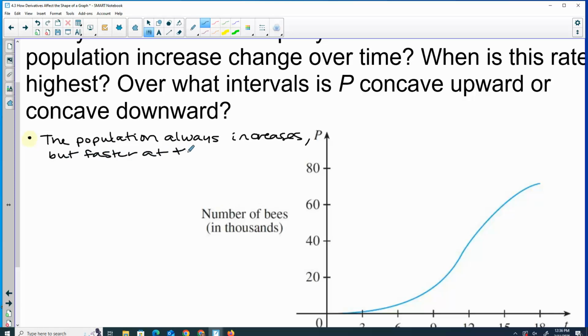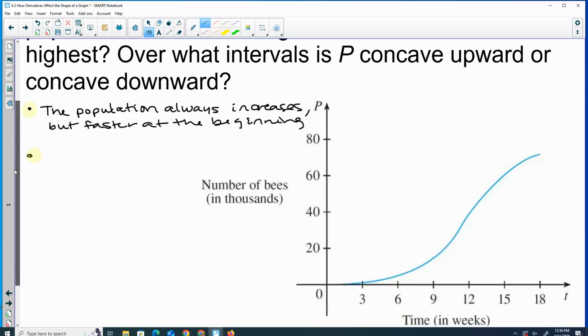Yeah. It got off to a slow start, but then it accelerated pretty quickly in the middle, and then by the end it's flattening off. It's still rising, but not much. It's hitting that carrying capacity. Pulling back all the way from sophomore year biology. There's probably some limiting nutrient.